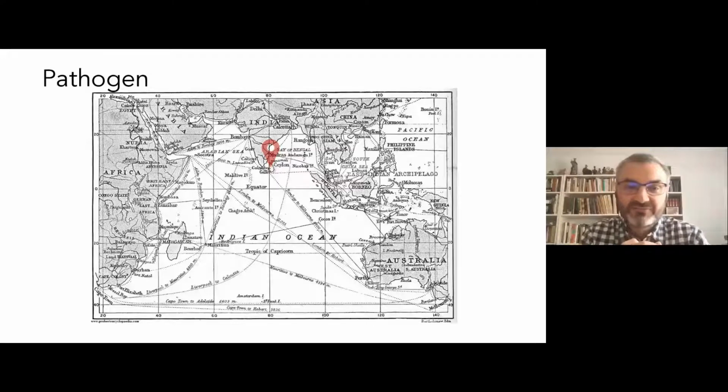Especially after the mid-19th century, they become connected by steamships, which start moving people and goods, and as it turns out, diseases across the tropics and across the globe much more quickly than they ever did before. And so this is an age of tremendous human epidemics.